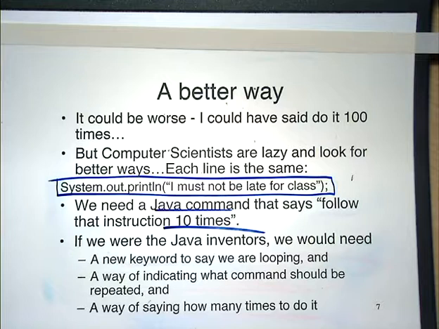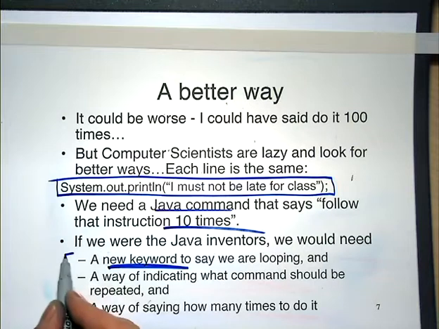It's an if statement that's coming. So here we want some special word that says it's one of these repetitive things coming. So what we need is a new keyword to say we're about to do something over and over again. We'll only write it once in the program, but we'll mean to do it lots of times. So that's the first thing we need, to invent a keyword.